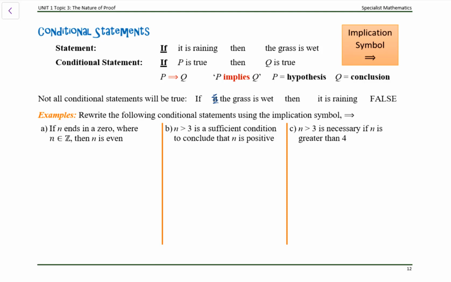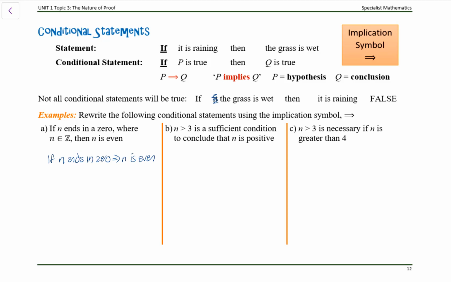Examples: rewrite the following conditional statements using the implication symbol. If n ends in a 0, where n is an element of Z, so n is an integer, then n is even. So if n ends in 0, this implies that n is even.